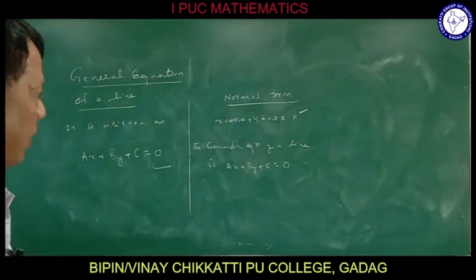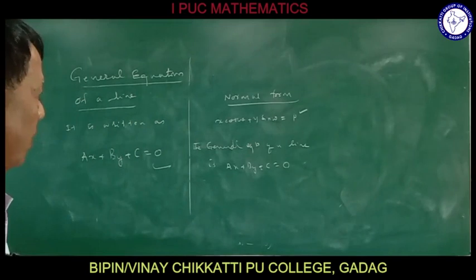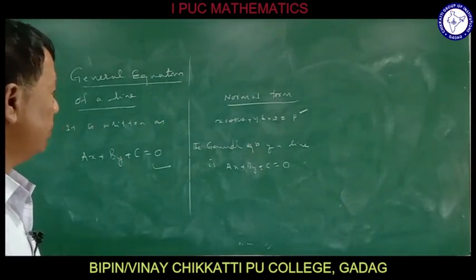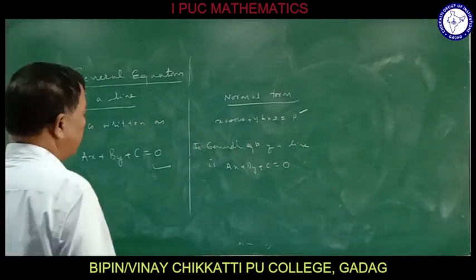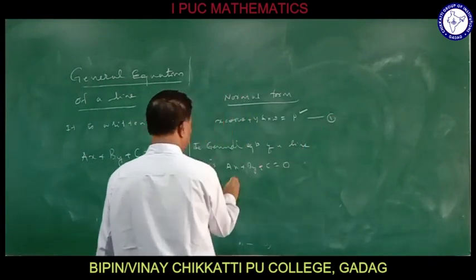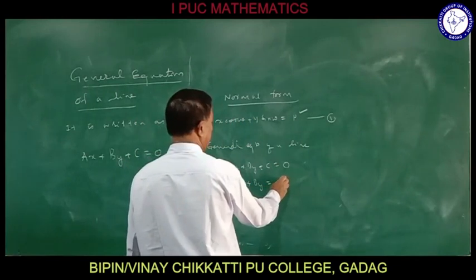When you go for writing this result, you have to compare the normal and general forms. So you can write this equation number 1 as ax plus by is equal to minus c.